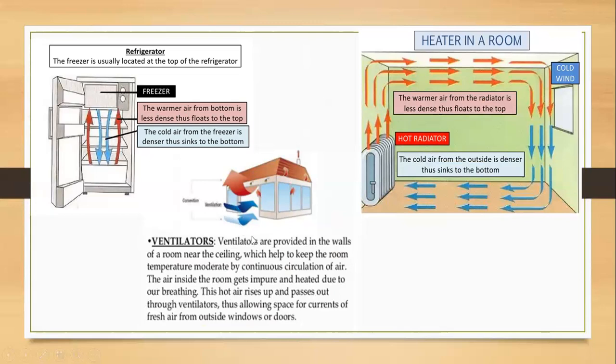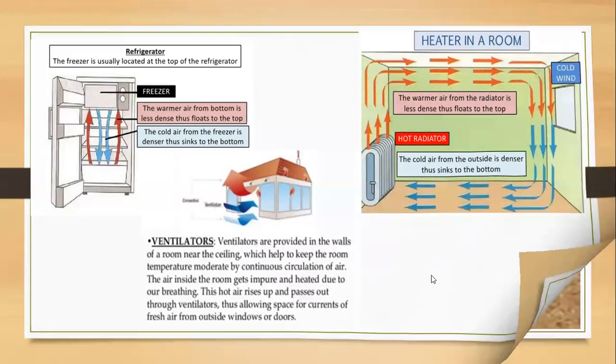The fresh air comes from outside through the window or the door. So the cooler air enters the room through the window or the door, and from the top, through the ventilator, the warm air is taken out. So this is how a convection current is formed, and we have fresh air inside the room.